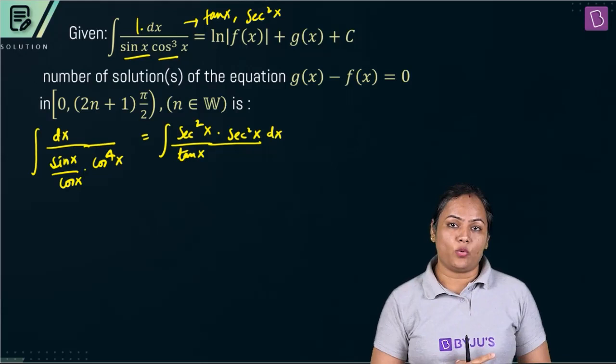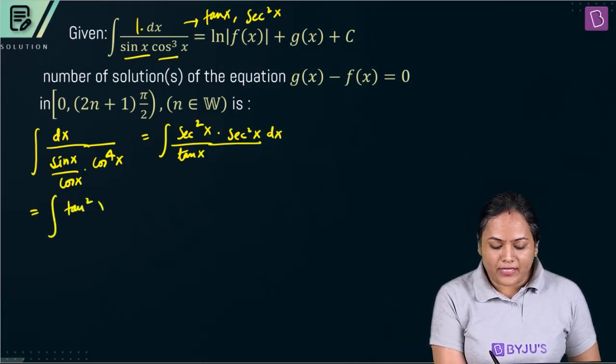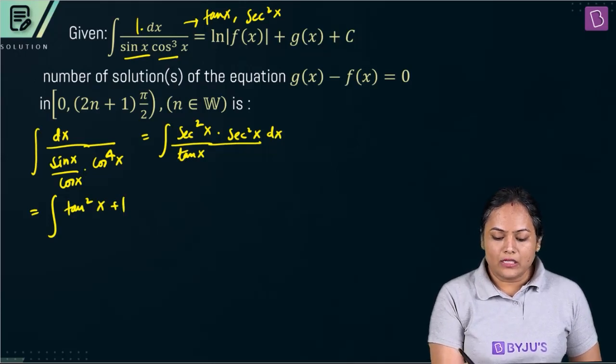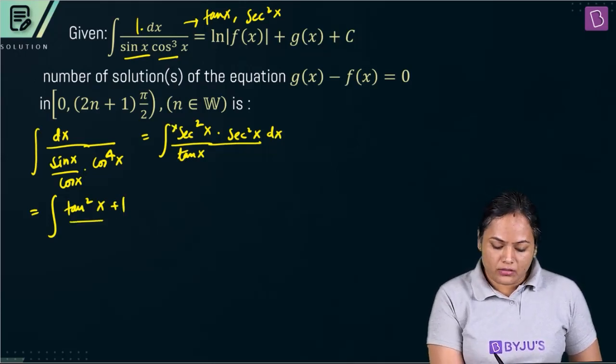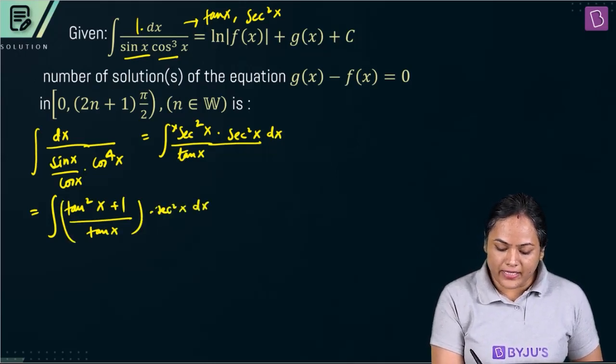Left is one sec square x. So I'll write my one sec square x as tan square x plus 1 in my numerator divided by tan x, whole multiplied by sec square x dx.